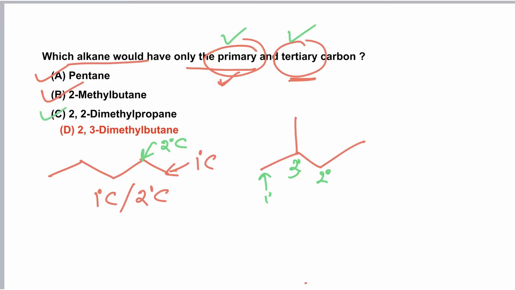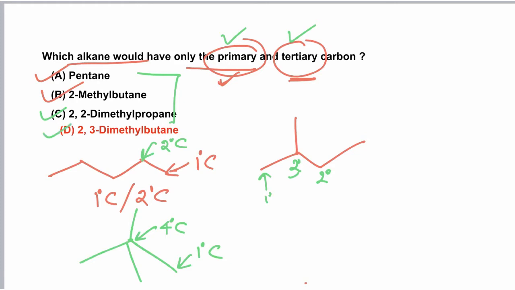So if we take option C, 2,2-dimethyl propane, this molecule has 1 degree carbon and 4 degree carbon. So pentane, 2-methyl propane and 2,2-dimethyl propane are not correct answers.